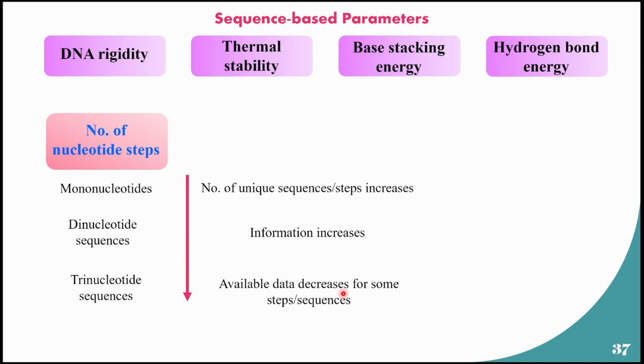That will hinder your calculation of the overall parameters using these kinds of sequence steps, right? So it's better that you follow either dinucleotides or trinucleotides. They will capture a good amount of information, and they will not encounter these sorts of problems where for some sequence steps you do not have any information available.